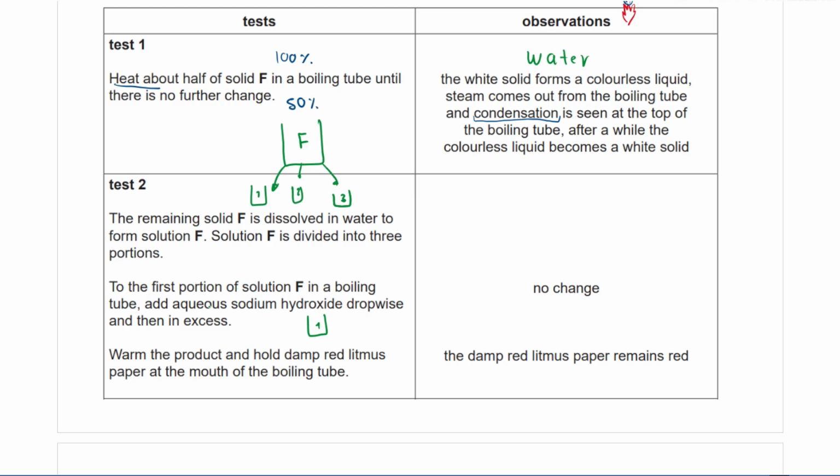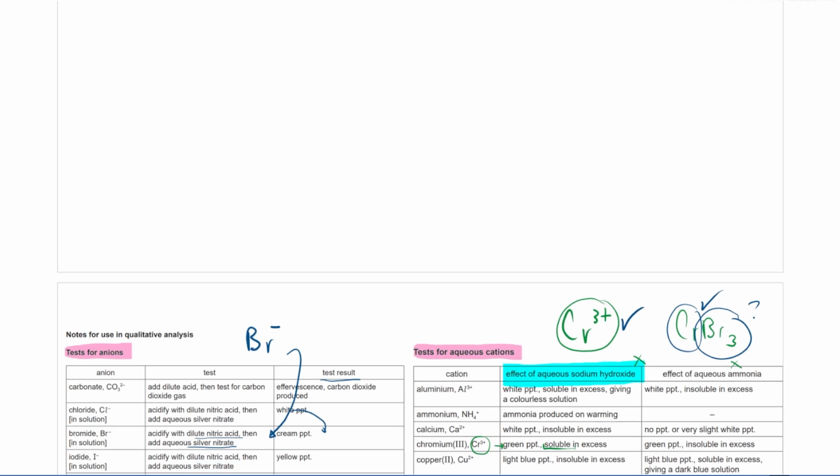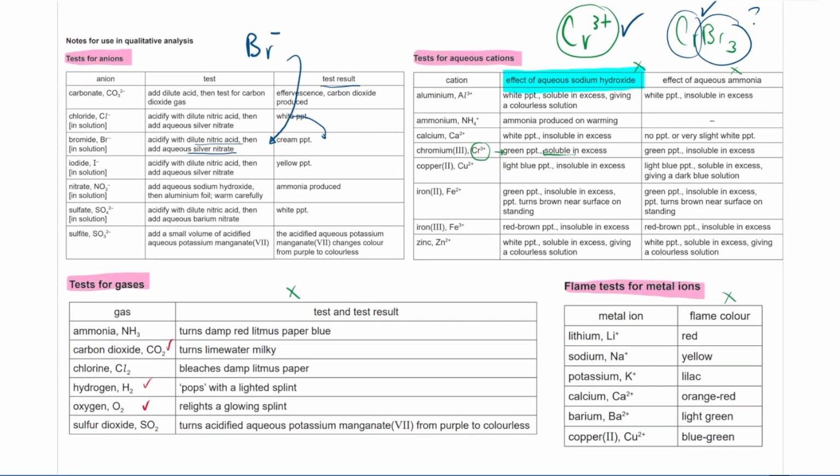we put it in the boiling tube, and then we add aqueous sodium hydroxide dropwise and then in excess. So same thing, we have to come here and look that the observation is that there is no change. So we come here to our tables and look, here we have that when we test for aluminum, we have a white precipitate. For ammonium, we have ammonia produced. For calcium, we have a white precipitate, and then green, light blue, green, red-brown, white precipitate as we move down the table.